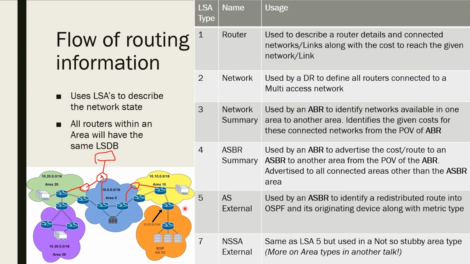It knows that there's an ASBR inside the network, and it generates the cost to that ASBR and advertises that to area 0. Type 7 is then just similar to a type 5, used for a specific type of area. I won't go into much detail because it gets a little bit complicated.